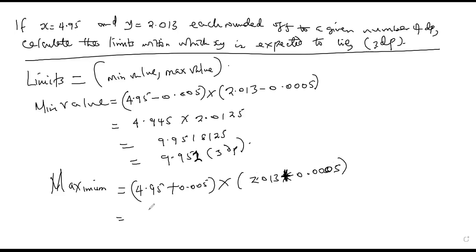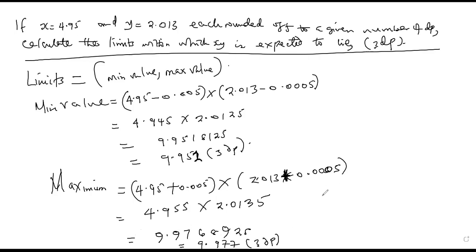So this is going to be 4.955 times 2.0135, and this one will give you 9.9768925, which is the same as 9.977 in 3 decimal places.